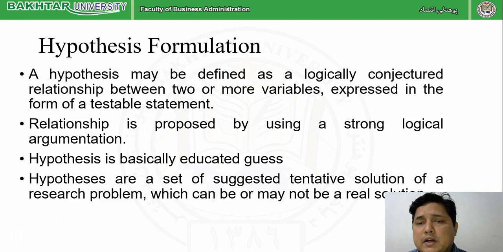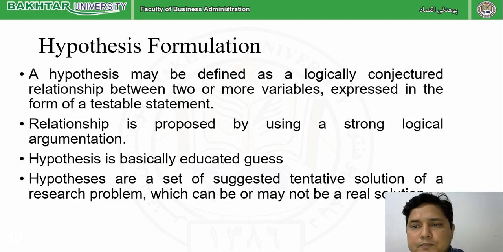Another example: if I say that there is no difference between the IQ level of male students and female students, this is my hypothesis. Basically, we write hypotheses in two forms: null hypothesis and alternative hypothesis. The null hypothesis is what we want to test.